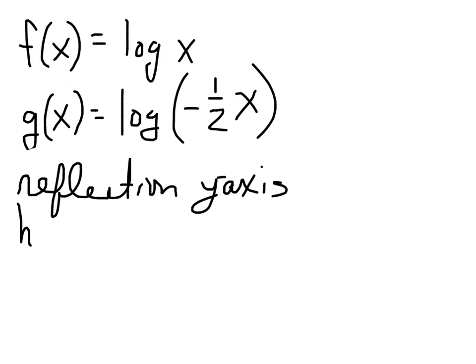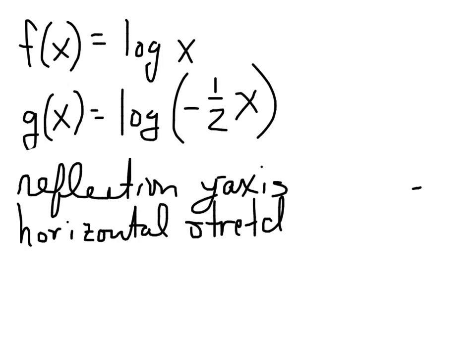We have a horizontal. Well, how did you know, first of all, Savannah, that it's horizontal? Yeah, it's inside the grouping symbol. Awesome. Now, the half. Does that mean a horizontal stretch or shrink? Stretch by 2. Okay? So, you told me the transformation that happened.